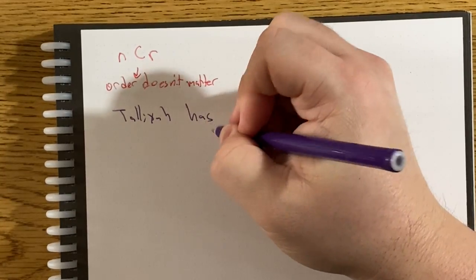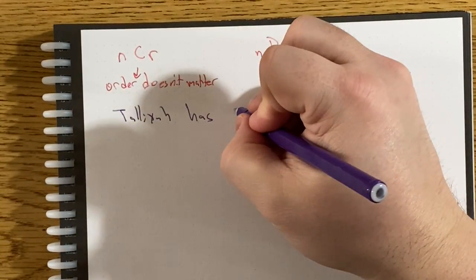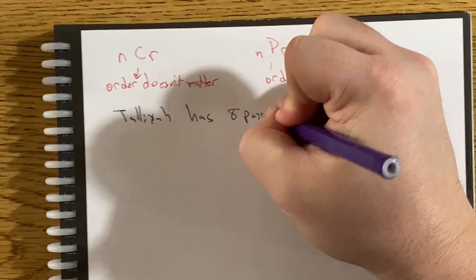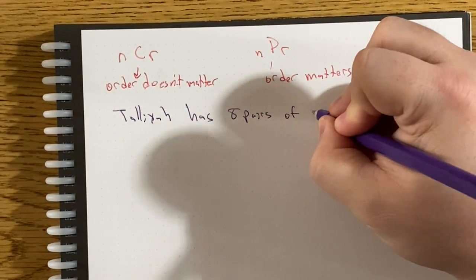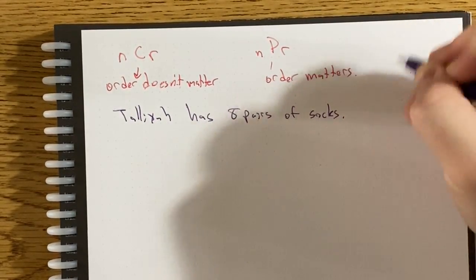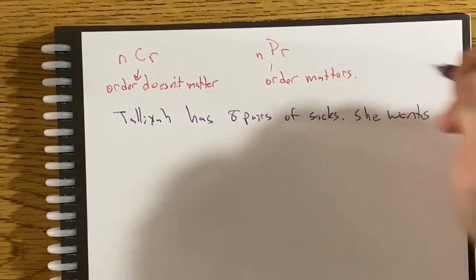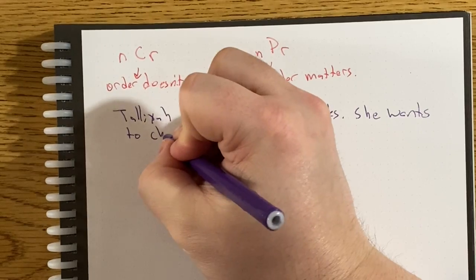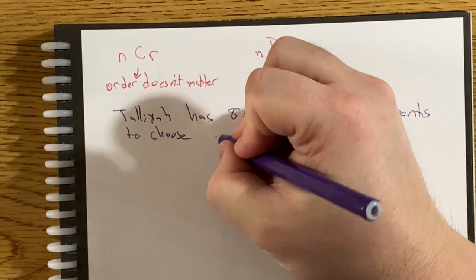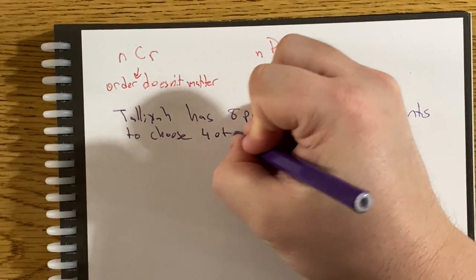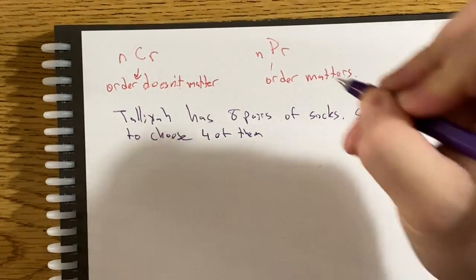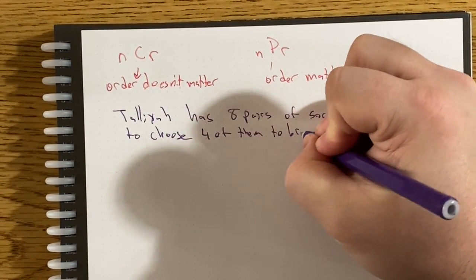Talia has 8 pairs of socks. She wants to choose 4 of them to bring with her.